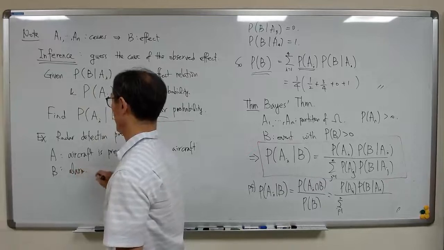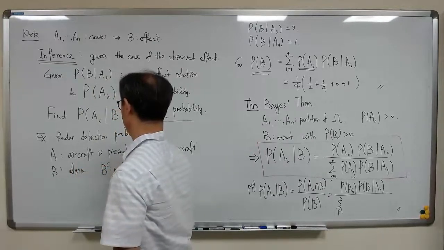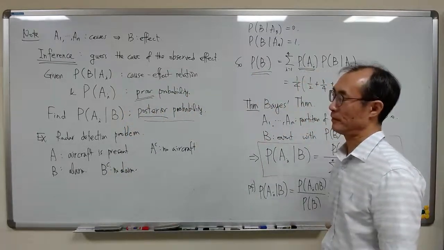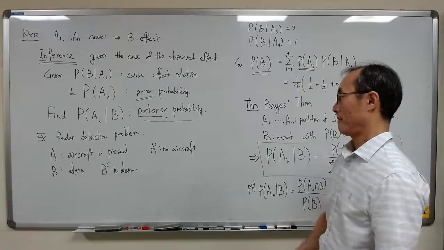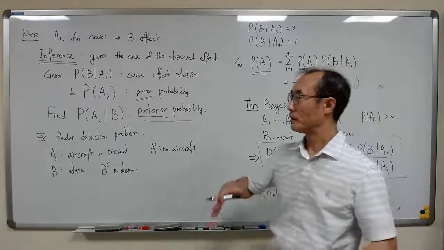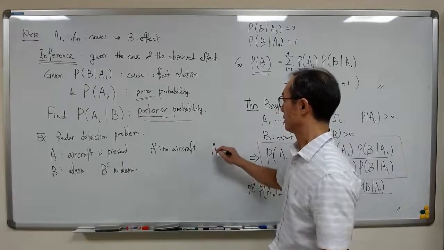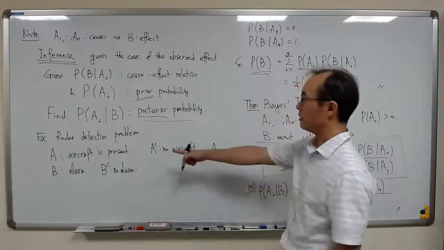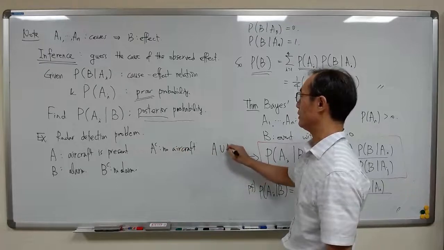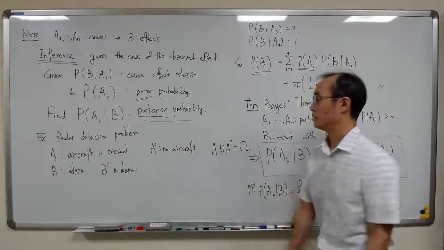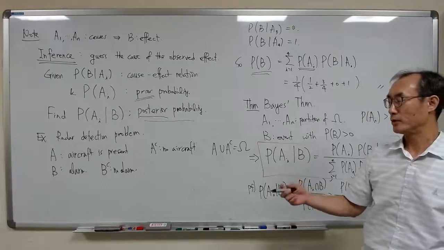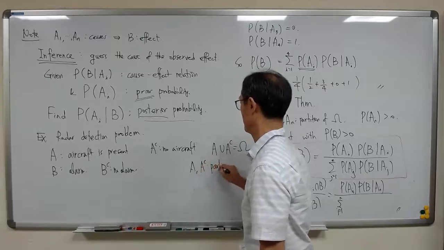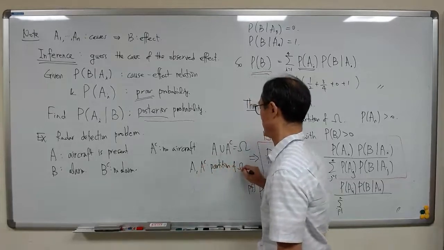And B is an alarm, and B complement is no alarm. So the entire situation can be split into two cases, either the aircraft is present or not. So the union of A and A complement is the total sample space, which means A and A complement is a partition.